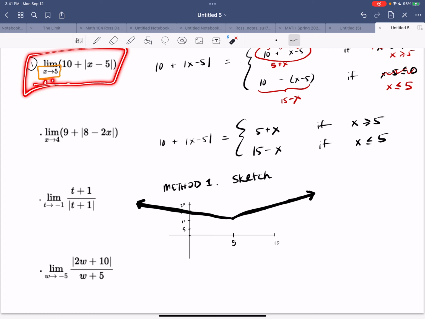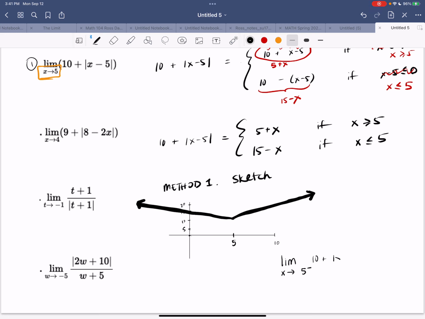And again, because it's piecewise defined, and I'm trying to compute the limit as x approaches 5, I'm going to compute the limit as you approach 5 from the left. So the limit as x approaches 5 from the left of 10 plus absolute value of x minus 5 is going to be equal to, well, let's see here.